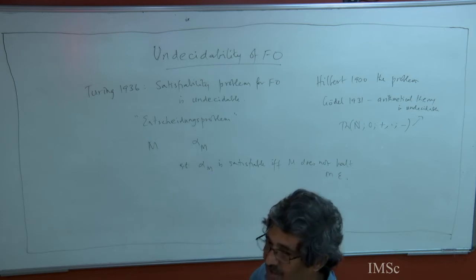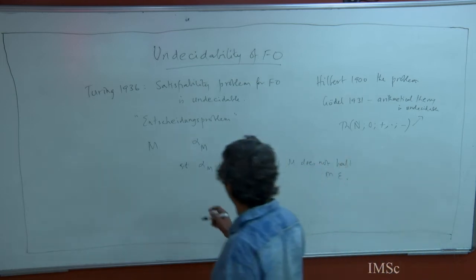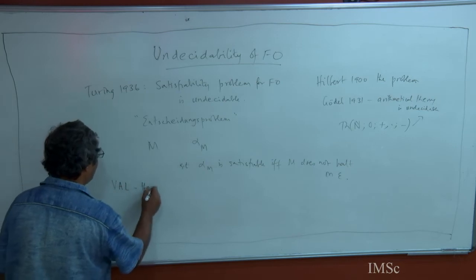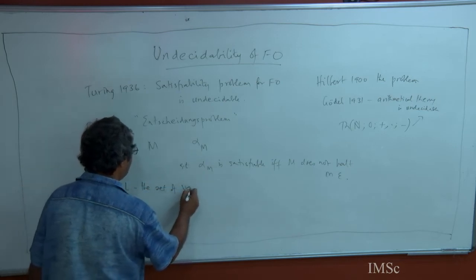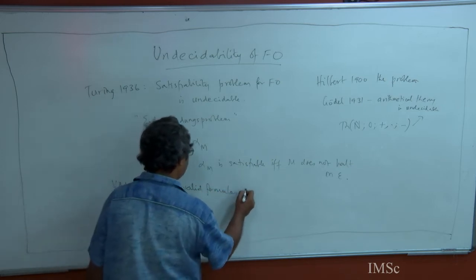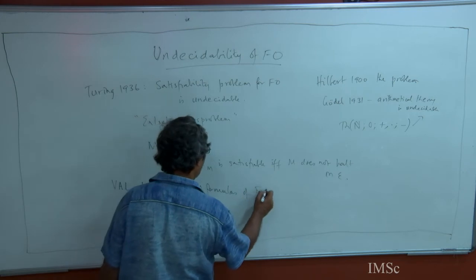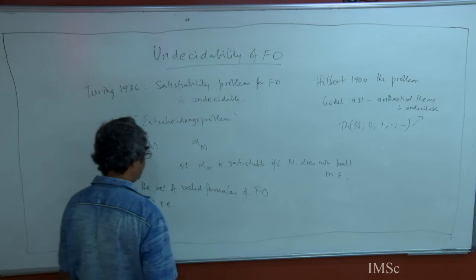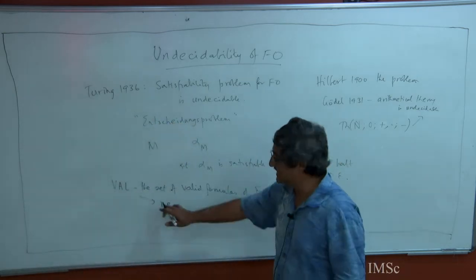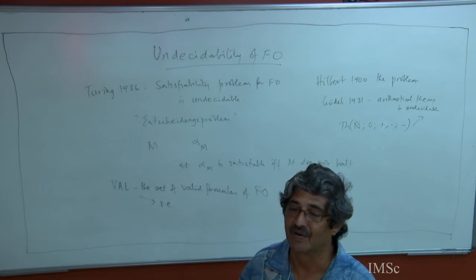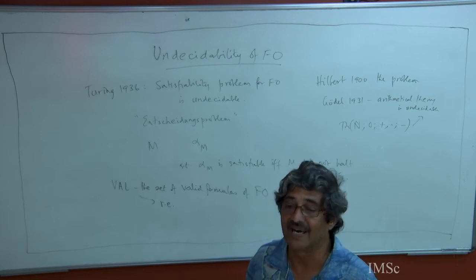Yeah, okay. So for first order logic, you know that if you take Val, the set of valid formulas of FO, this is RE. Is this clear? The set of valid formulas of first order logic is recursively enumerable. Why? Because we have given a complete axiom system, right?